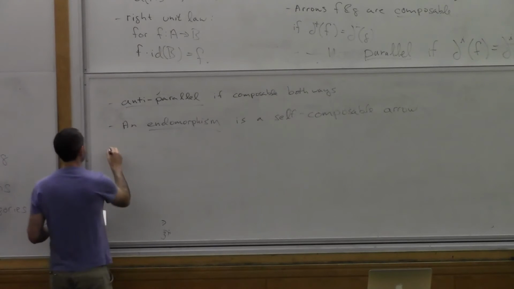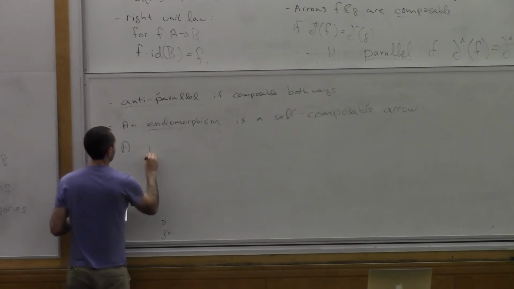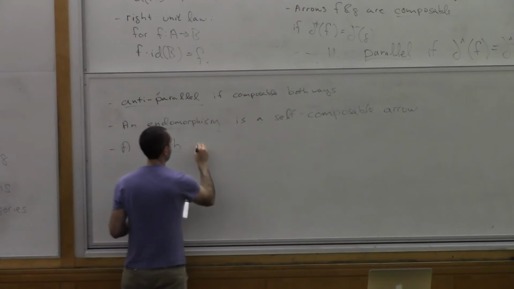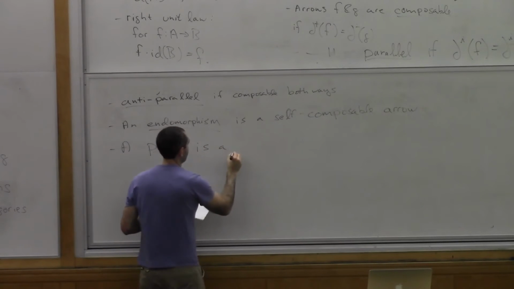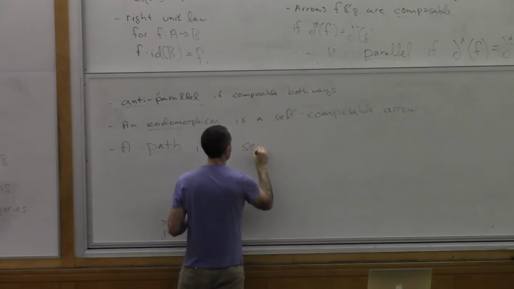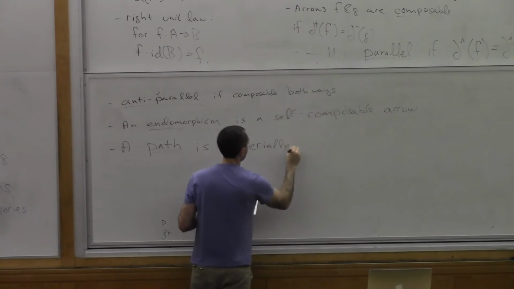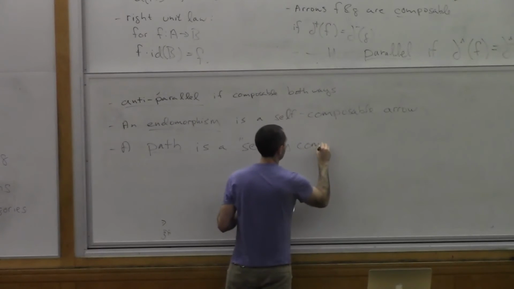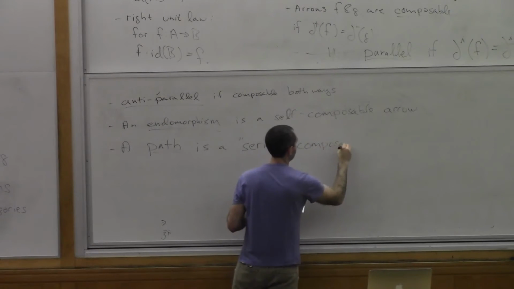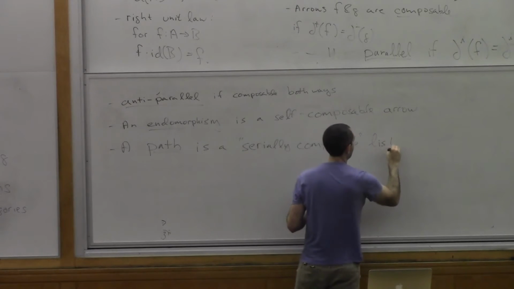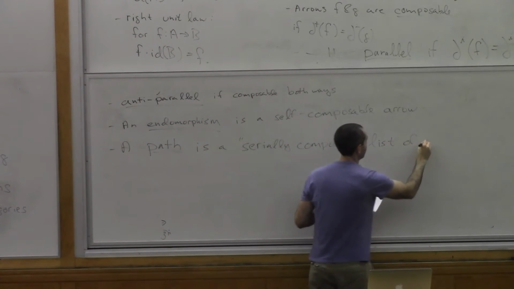And finally, a path is a serially composable list of arrows.